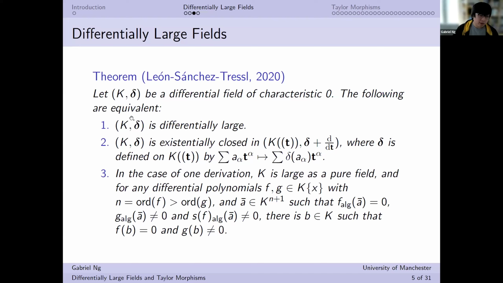In particular, the differential field (K, delta) is differentially large if and only if it is existentially closed in K double bracket T with this delta plus d by dt derivation, where this bold delta is defined on the field of formal Laurent series by acting on the coefficients of a series.